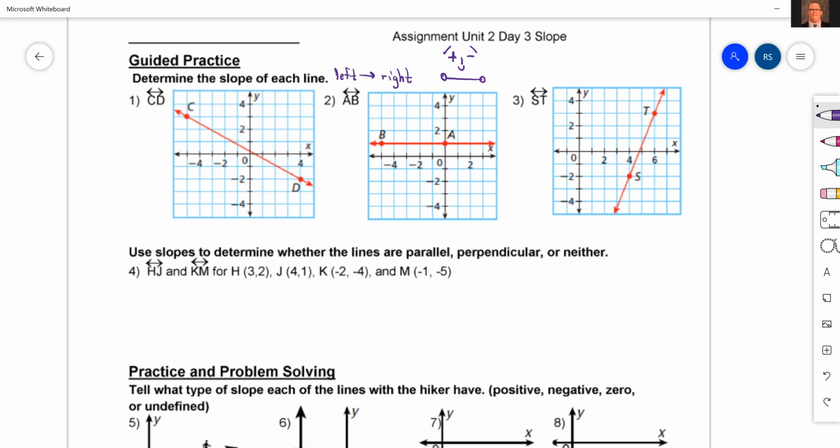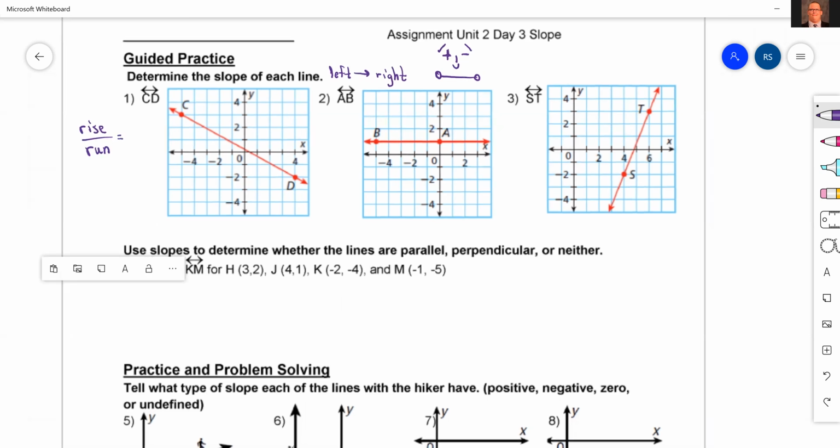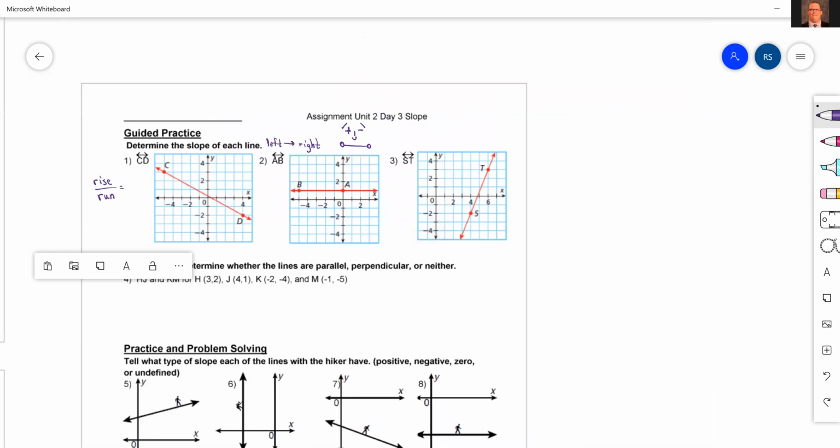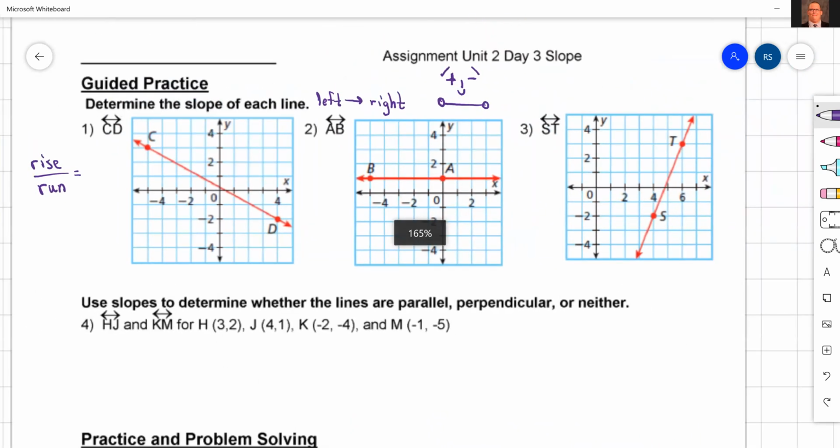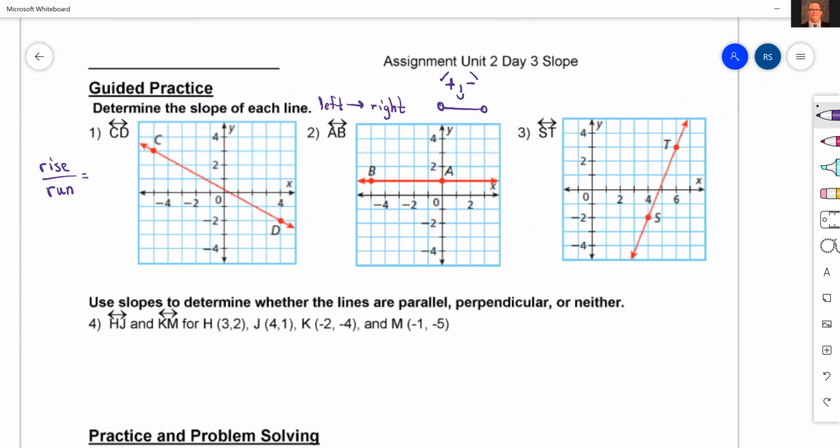Okay. So we have to do rise over run. So to get from C to D, and this just zoomed out on me, come on. To get from C to D, how did I move? I went down 1, 2, 3, 4, 5.